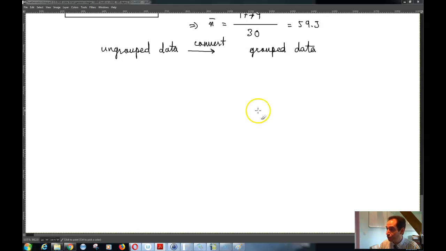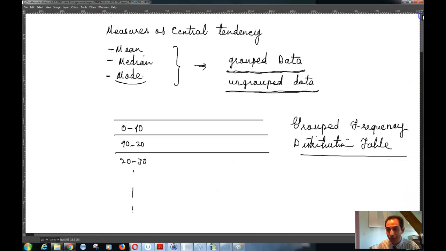So example number 1 was this example here. Let me show you how you can, from the very beginning, convert ungrouped data into grouped data and do the whole thing. So this was example number 1.